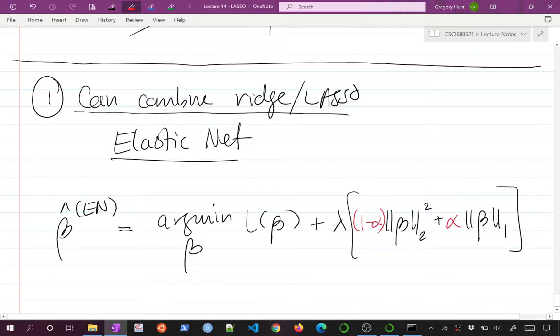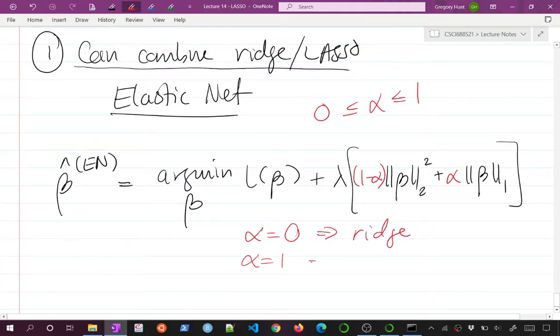So I'm just going to take a weighted combination of these. So alpha is some number between 0 and 1, which tunes the trade-off between the 1 norm and the 2 norm penalty. So alpha is 0 gives us ridge, and alpha is 1 gives us lasso, right? If alpha is 1, the 2 norm penalty goes away, you just get a 1 norm penalty. And if alpha is 0, you don't get the 1 norm, you just get the 2 norm, so you get ridge.